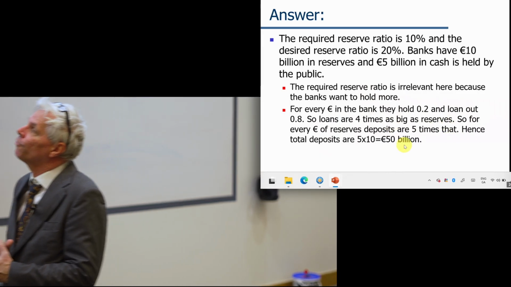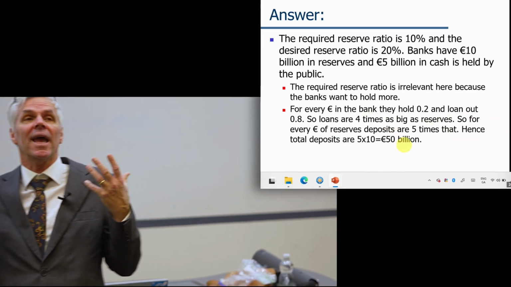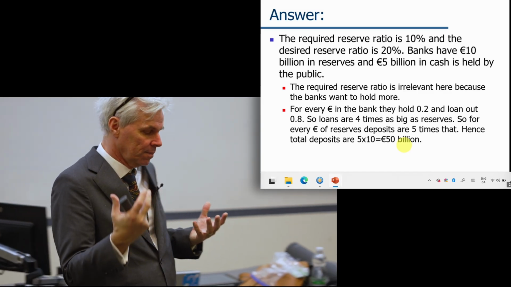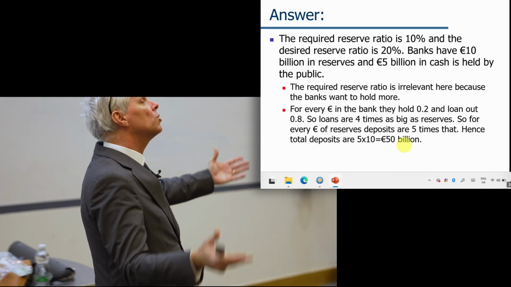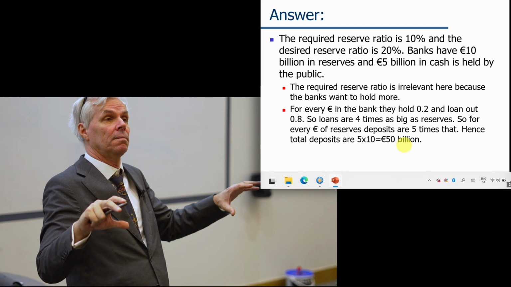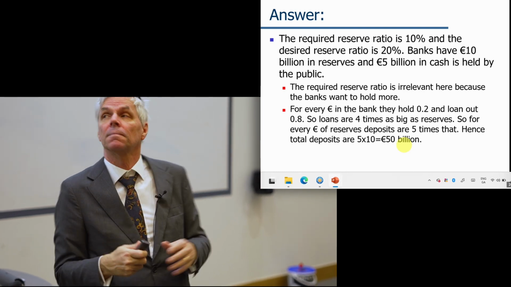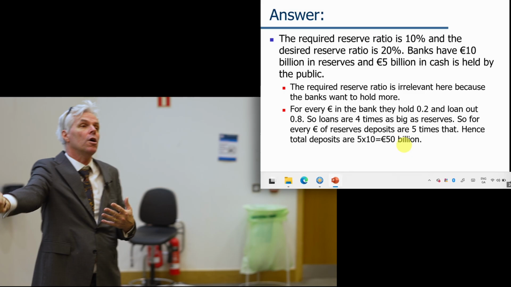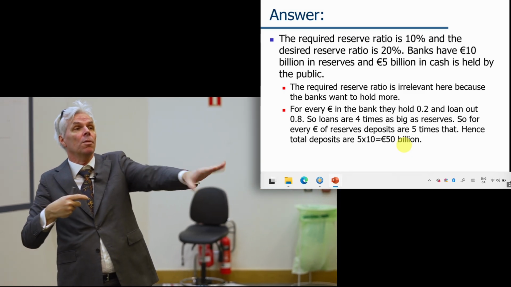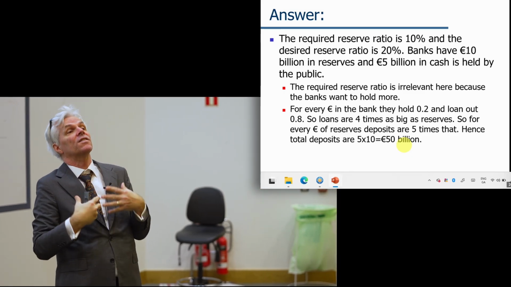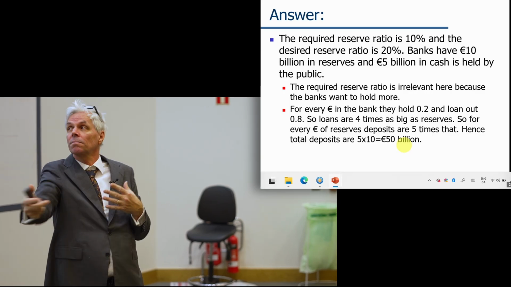So for every euro of reserves, every euro that the bank has in its vault, the total deposits are going to be 5 times that. Now, I put in a euro, they're going to keep 20% in the vault, but I still think I have a euro. That's 5 times as big as the amount of money in the vault.